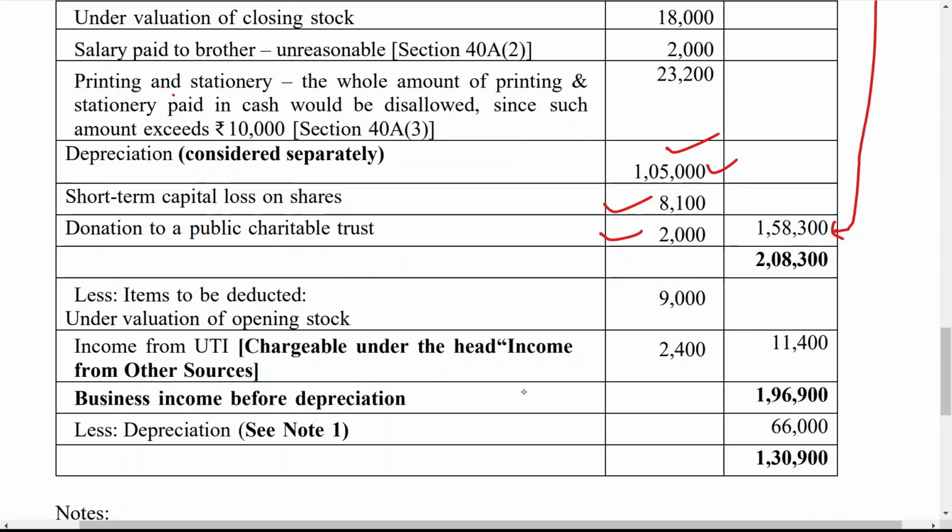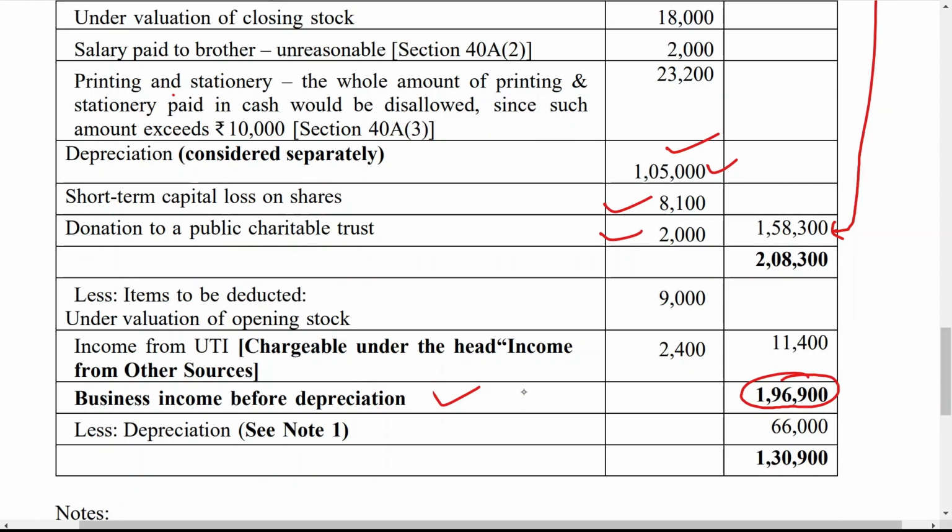And income from UTI, chargeable under the head income from other sources, 2,400. So 9,000 plus 2,400 is 11,400. So 2,08,300 minus 11,400, your business income before depreciation is 1,96,900. Now less depreciation 66,000.